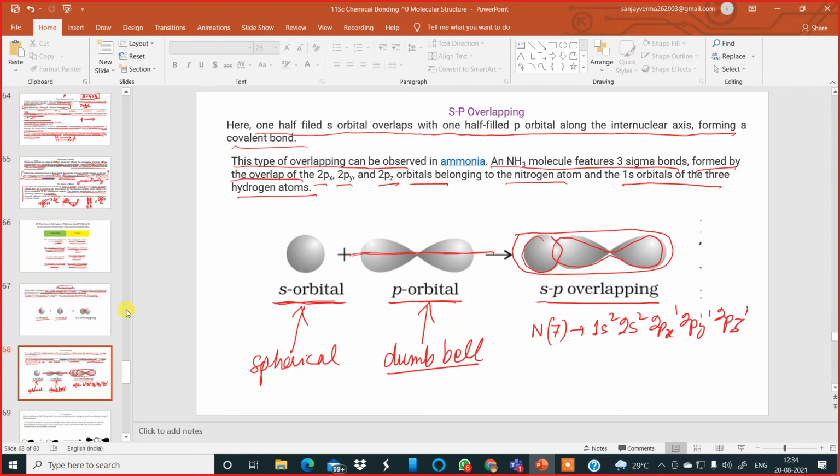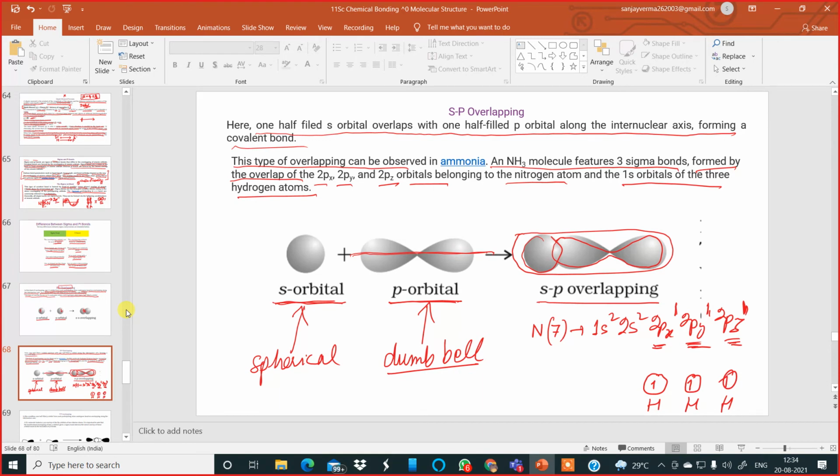Each of the p orbitals, 2px, 2py, and 2pz, has one electron. So these three p orbitals overlap head-on with the three s orbitals of the three hydrogen atoms, which are spherical in shape, containing one electron each.